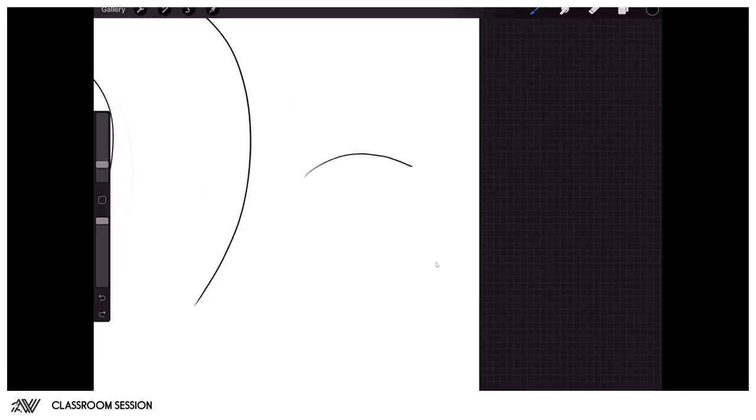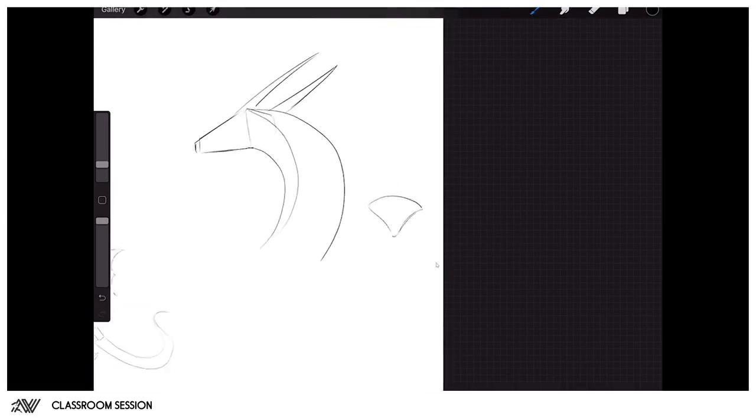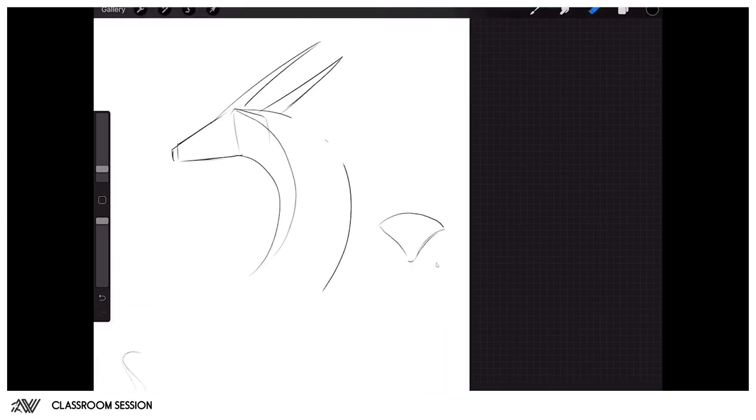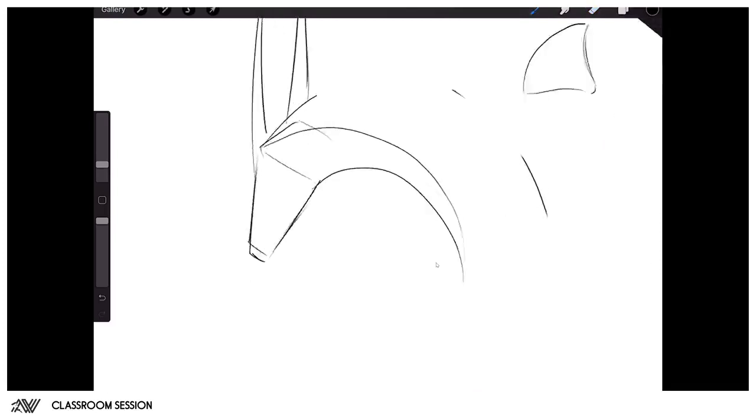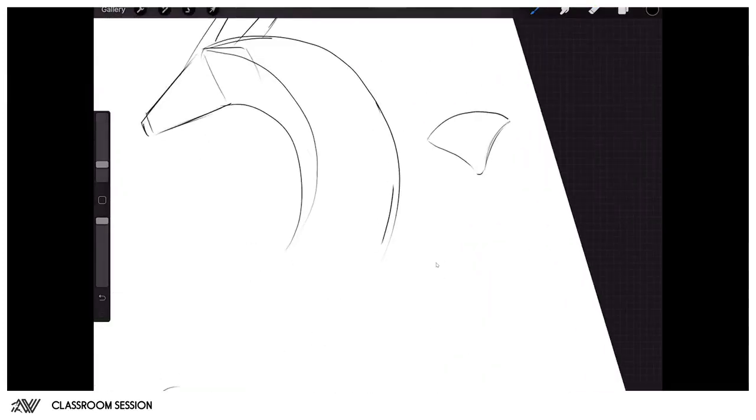What if we make it something that's like this on top, but then maybe curves in towards the bottom, right? So what would that look like? Well, it might look more like this. So let's follow that contour.